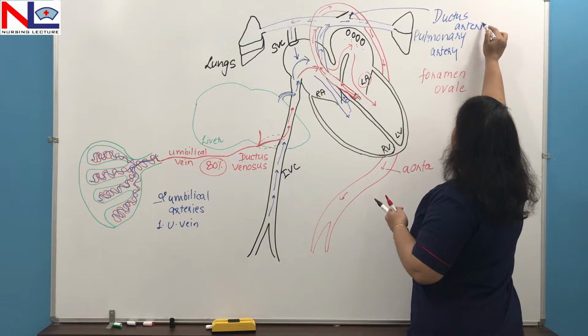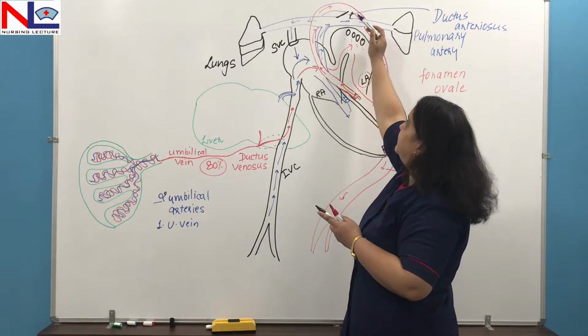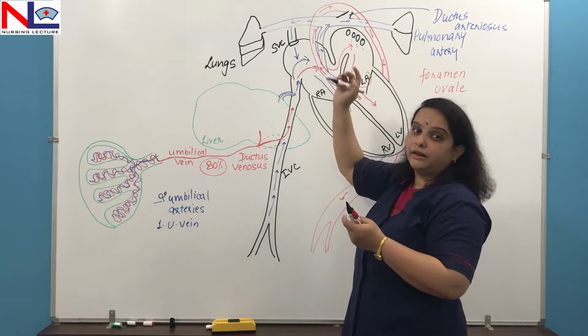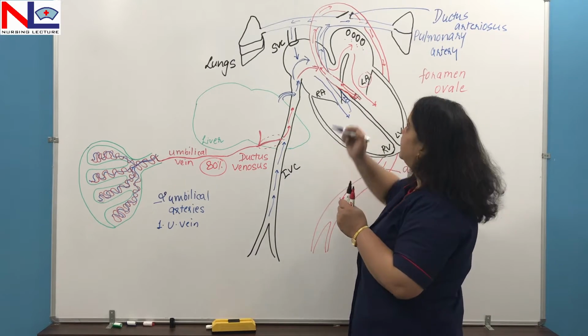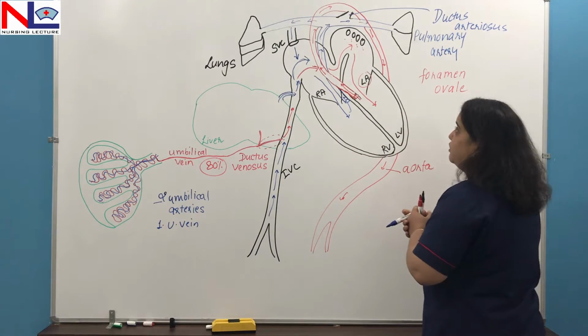Here this is the pulmonary artery and this is the aorta, and where the two arteries connect with each other, this shunt is called the ductus arteriosus.